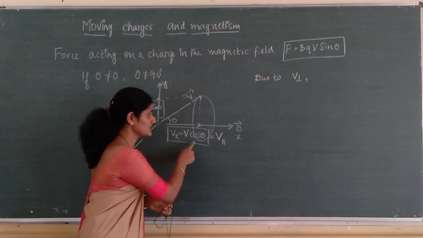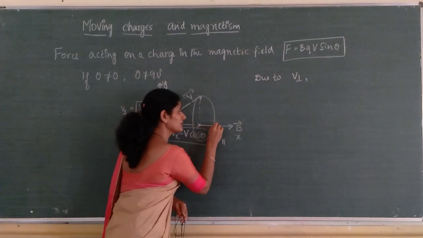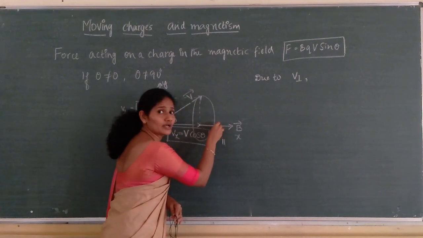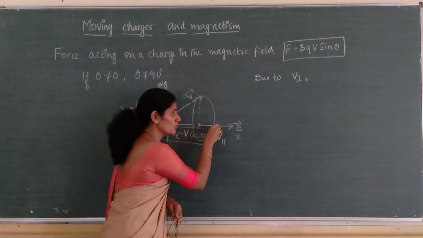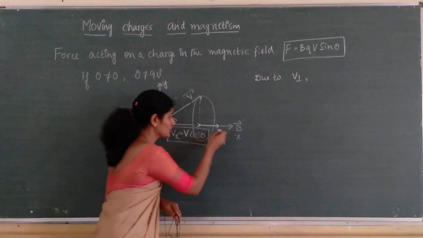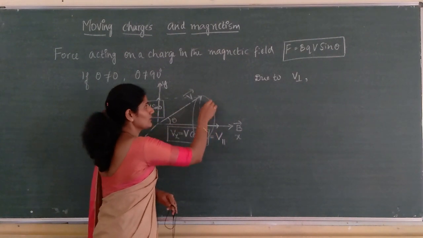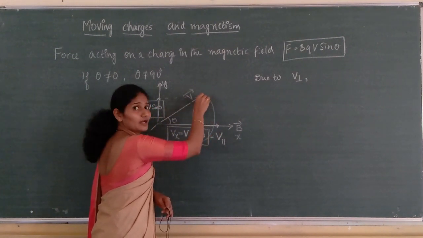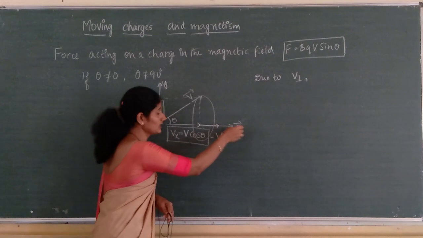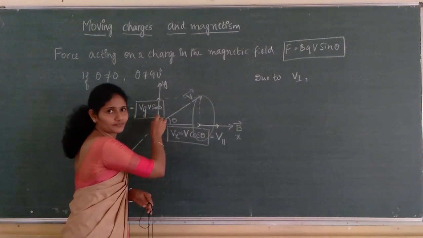So due to this parallel component, the particle moves along the x-axis, that is, along the direction of the magnetic field. The particle will follow a circular path perpendicular to the magnetic field due to this perpendicular component.